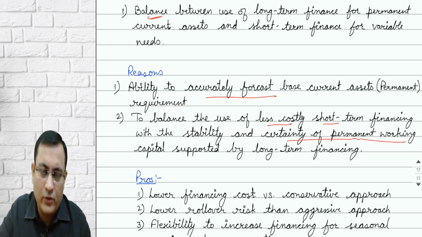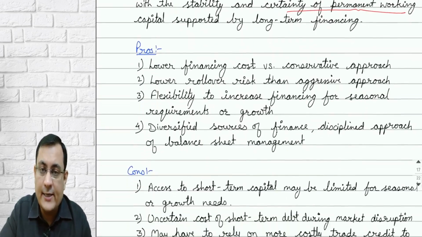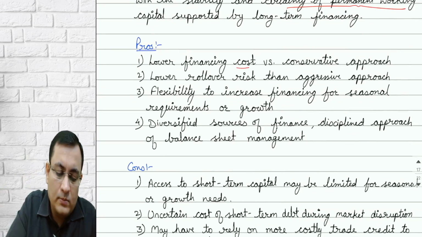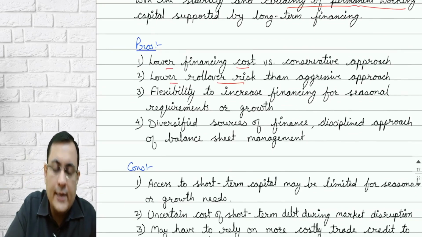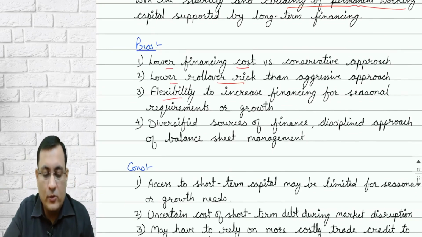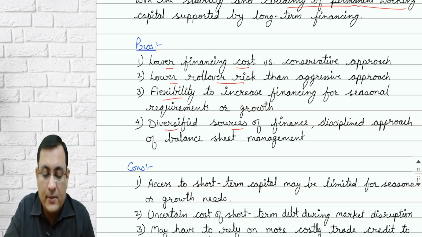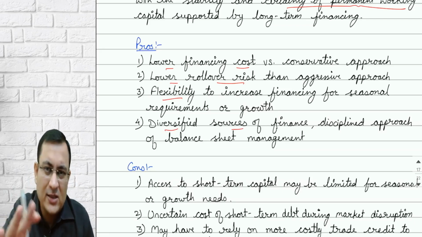That is the reason for following this policy. Advantages of both sides: lower cost, lower rollover risk, and flexibility also. And you are using diversified sources of finance and a disciplined approach, so there will be less situation of crisis.